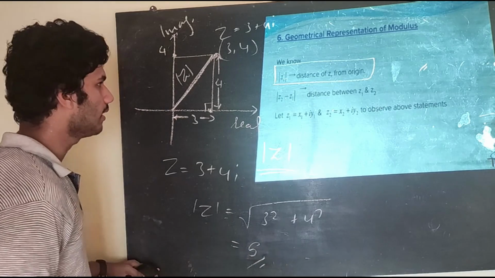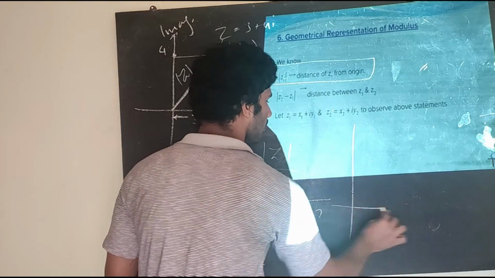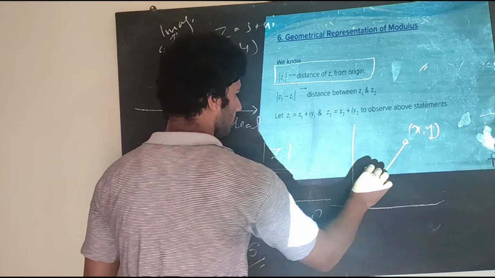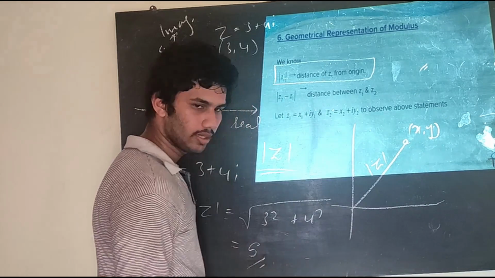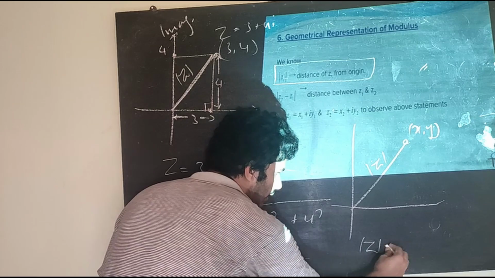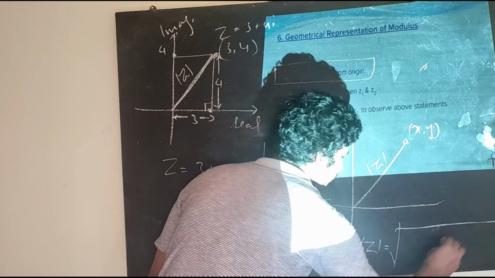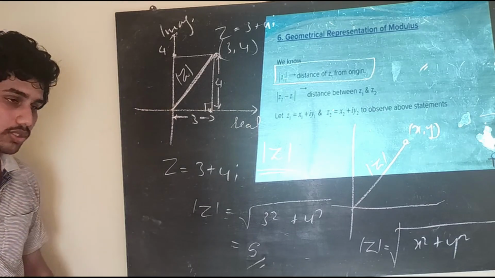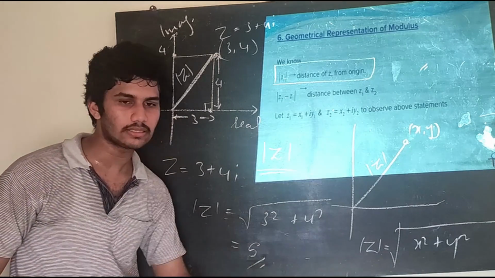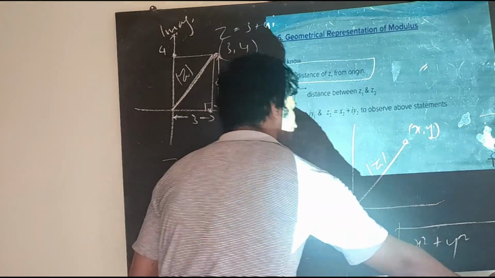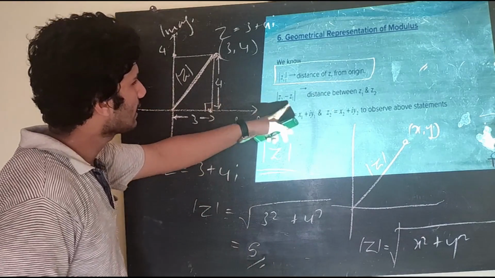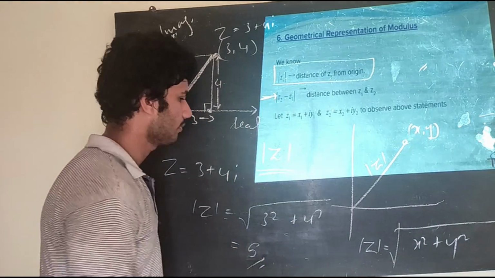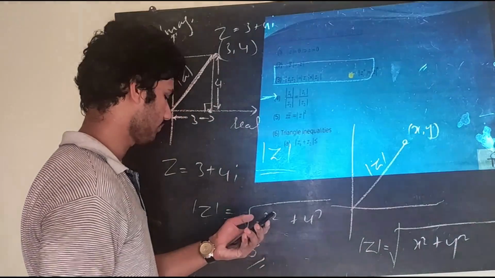So in general, if I represent a complex number x comma y, modulus of z is actually root of x square plus y square. That is the root of the square of the real part plus the square of the imaginary part is what modulus is. And the second point, distance, we will discuss. Wait for it.